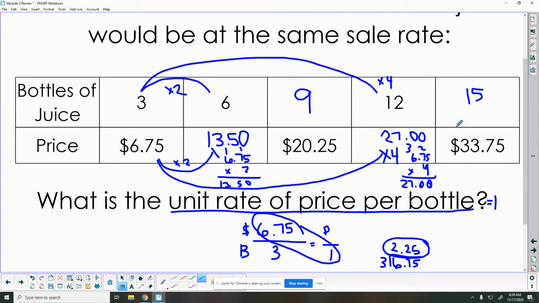So these all sound reasonable. 2 times 9 is 18, that's close. 2 times 12 is 24, that's close. 2 times 15 is 30, that's close. So just another way to check if your answers sound reasonable.